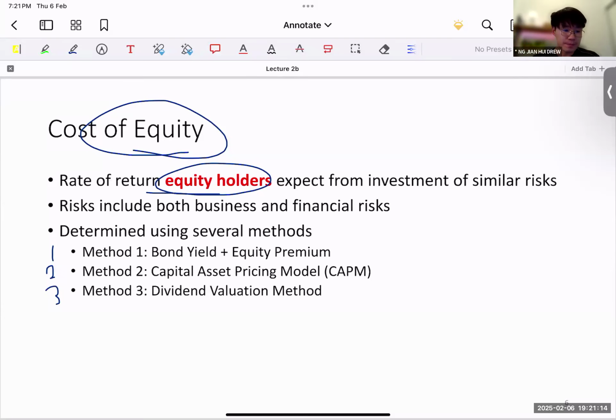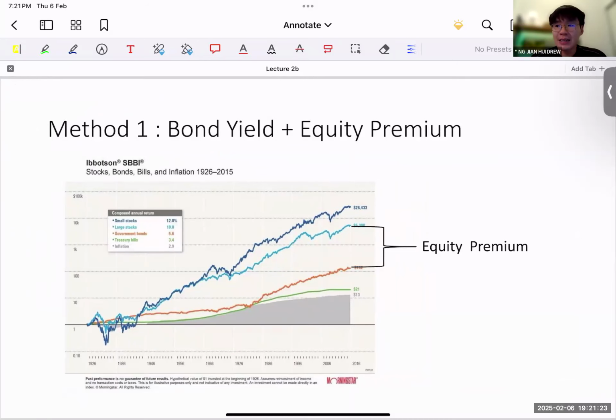Okay, so for the first method, the bond yield plus equity premium method. So this is rather simple in the sense that we know equity has higher risk compared to bonds, right?